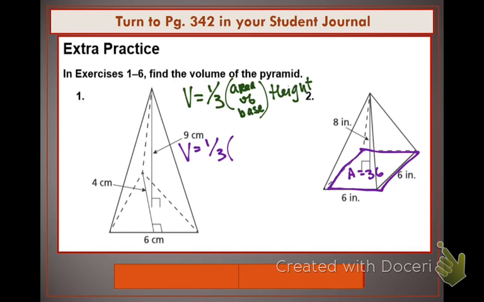So the area of the base is 36. What is the height of the entire pyramid? 8. What's 1/3 of 36? What's 36 divided by 3? 12, thank you. Times 8 is 96.